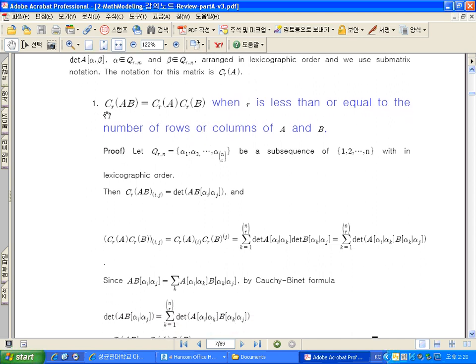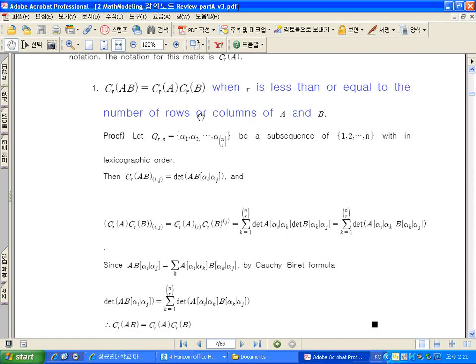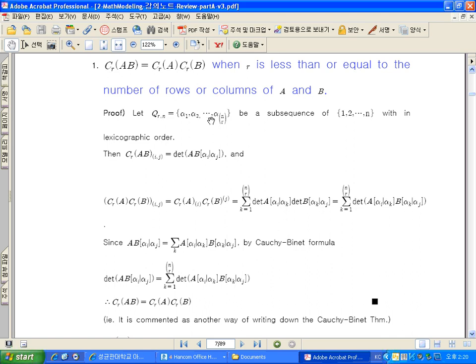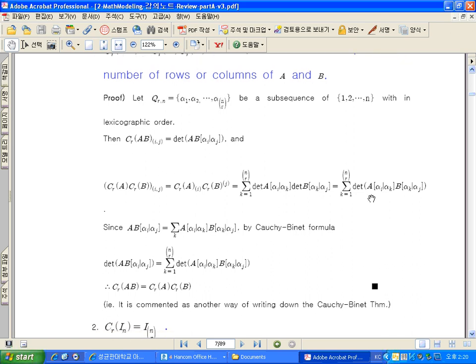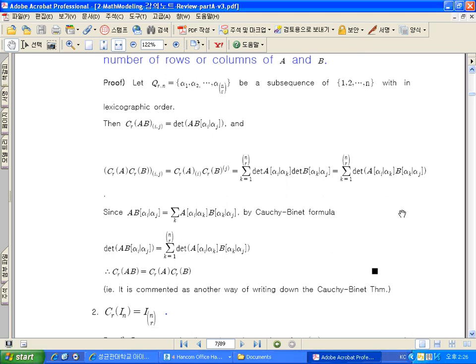So the proof on this r-th compound matrix can be given in this way. The proof shows the ij-th entry of Cr of A times Cr of B looks like this.